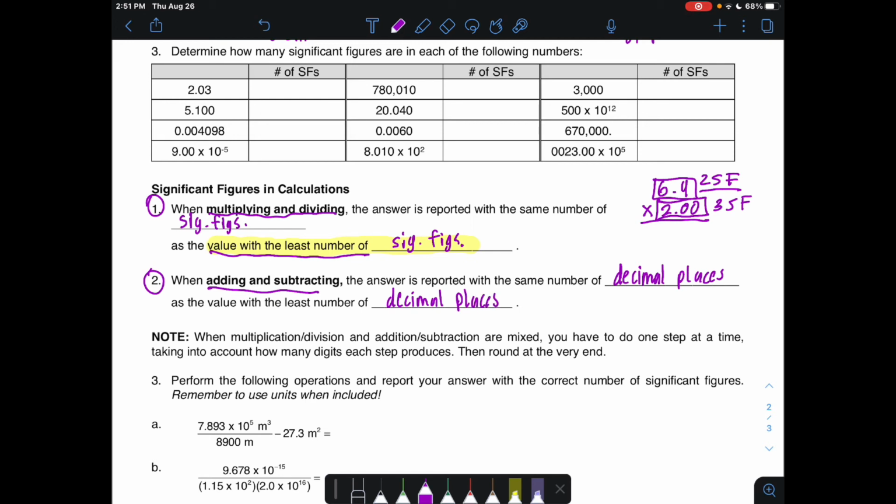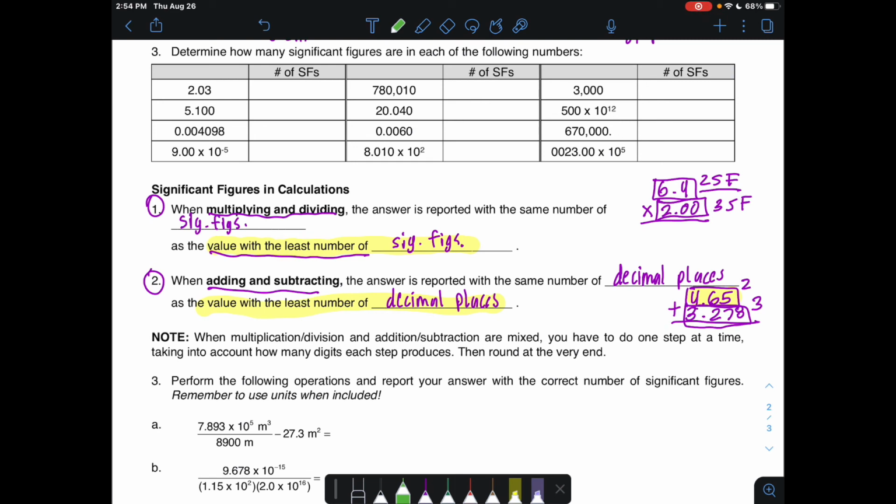So for example, if you have 4.65 plus 3.278, this one is 2 decimal places to the right, and this number is 3 decimal places to the right. So we're getting the value with the least number of decimal places. So of course we're going to be using this number. So our final answer is going to have 2 decimal places.